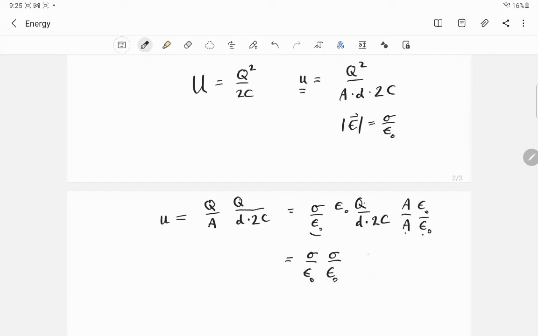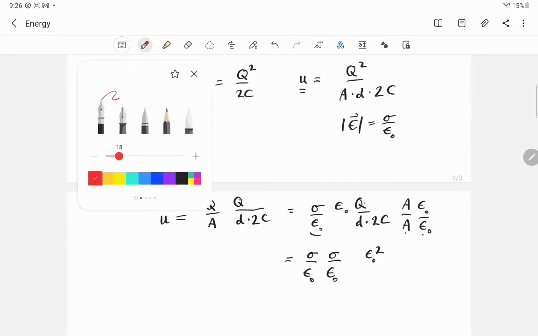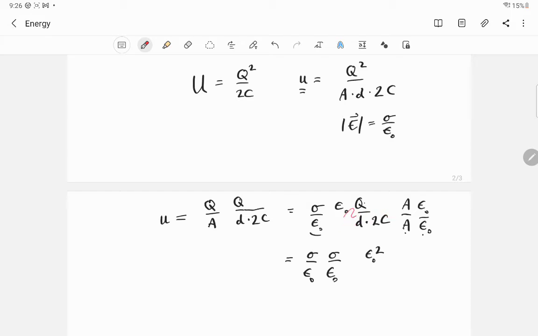So I'm left over with epsilon naught squared on the top because I had 2 factors of epsilon naught that I had to put in. That q over A, so I've got epsilon naught squared. So I have handled this one. I have handled this q, this A, and this epsilon naught, because that's here.